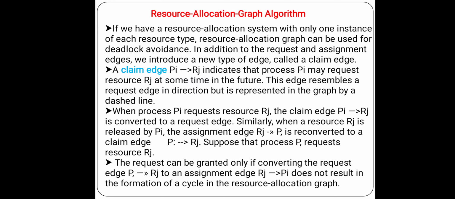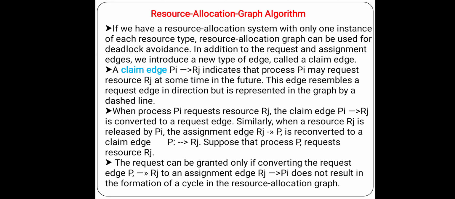When a process Pi requests resource Rj, the claim edge Pi to Rj is converted to a request edge. A claim edge always represents that there is a need for that particular resource in the near future. So whenever any process requests a resource, the claim edge is converted to a request edge.